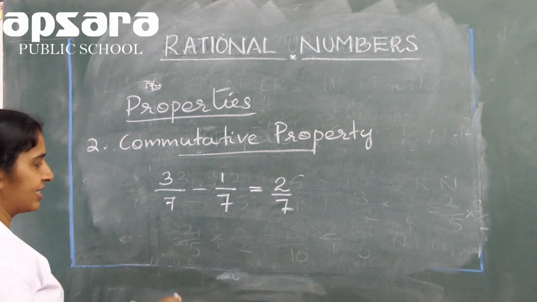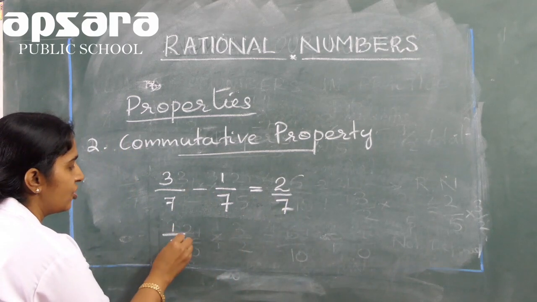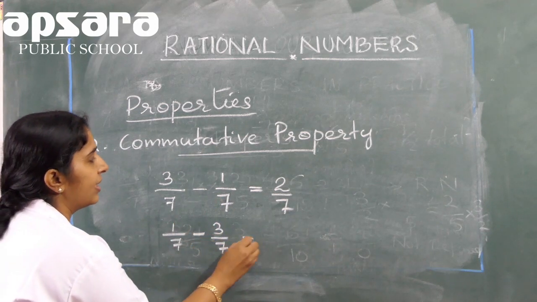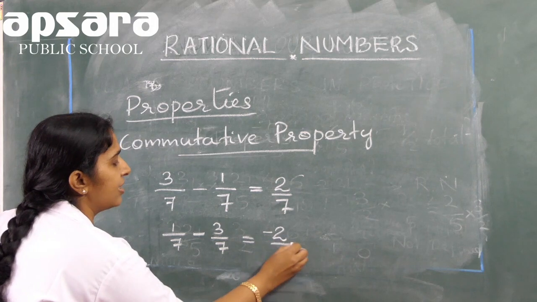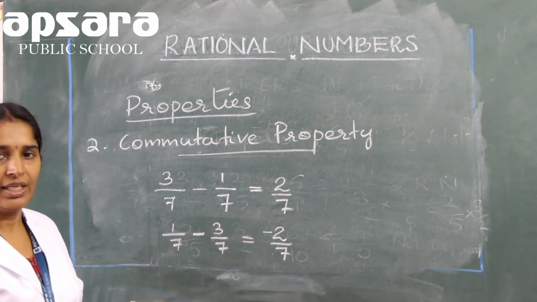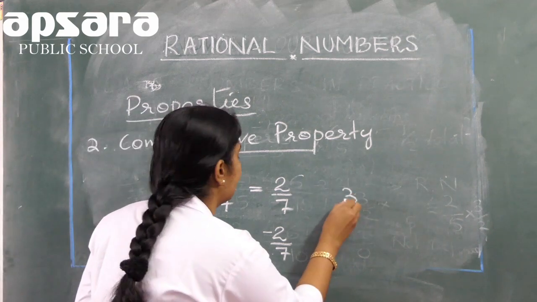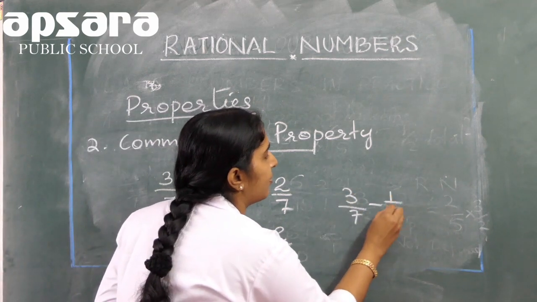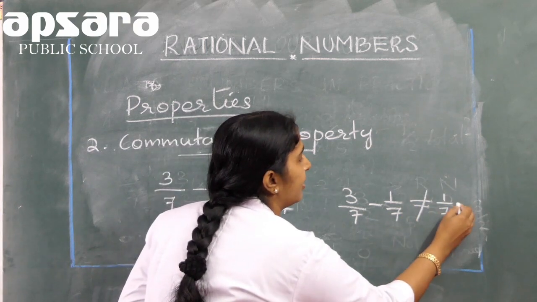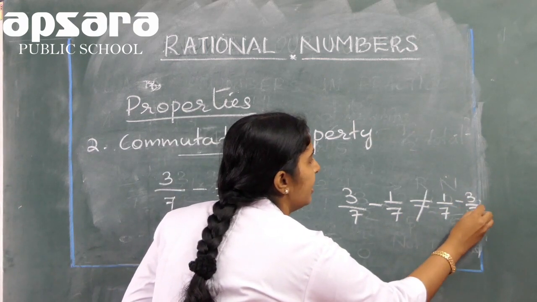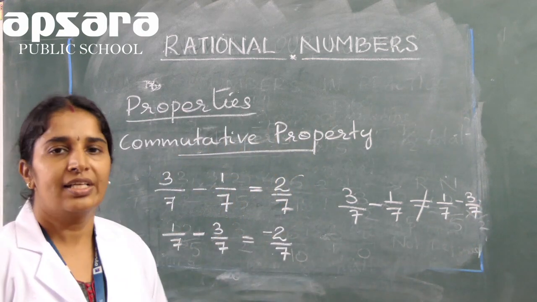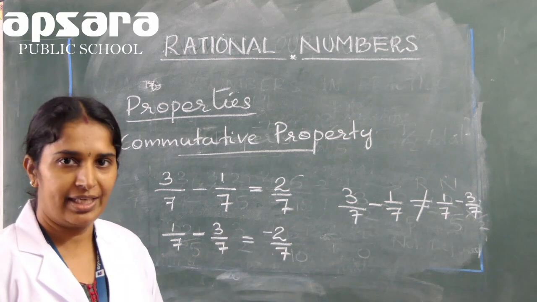Is it okay? Yes. Now just change the order. 1 by 7 minus 3 by 7. You will get the answer as minus 2 by 7. Whether they are equal? No, they are not equal. So you can write 3 by 7 minus 1 by 7 not equal to 1 by 7 minus 3 by 7. So subtraction of rational numbers is not commutative.